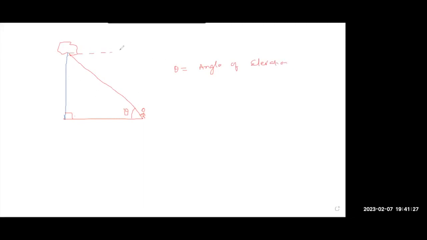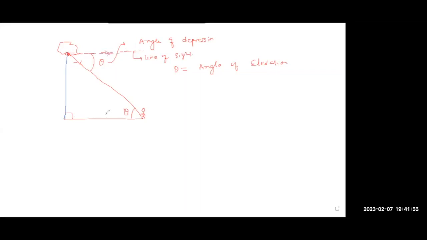Now, if there is a crow or some bird that is sitting here and it's looking at me, this angle will also be equal to angle theta. So this angle is referred to as angle of depression. And this is the line of sight, right? I mean, imagine this bird is out here and this is the line of sight.